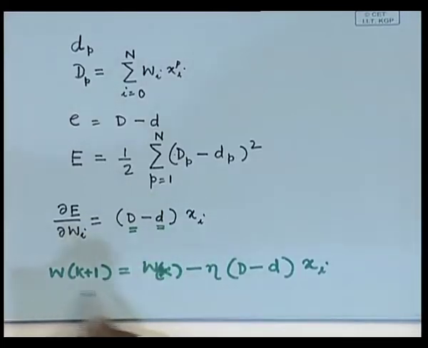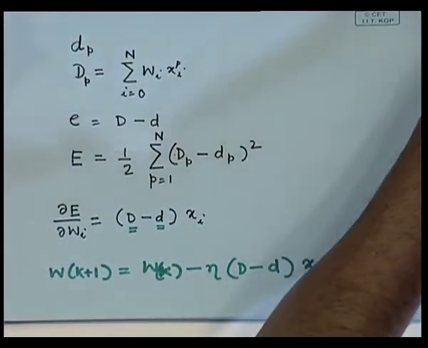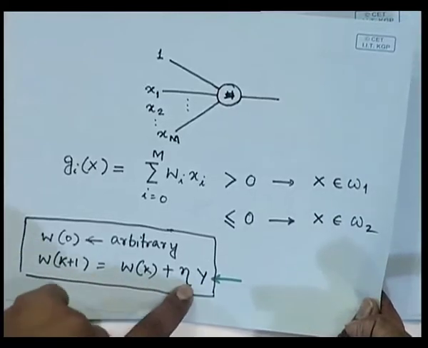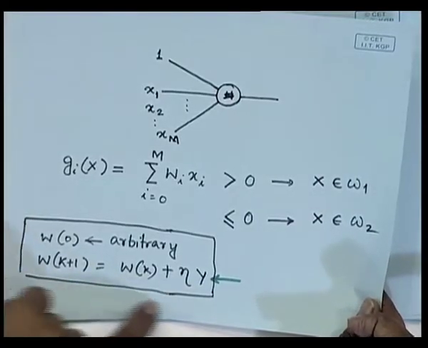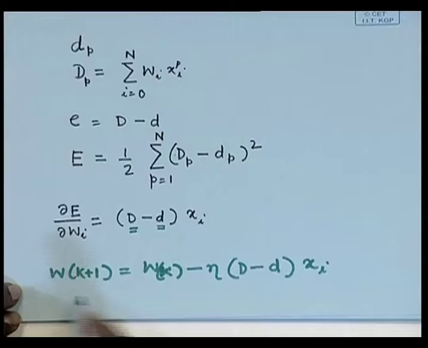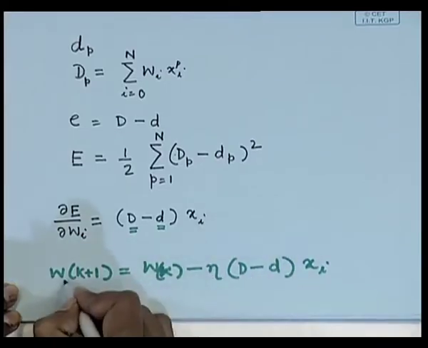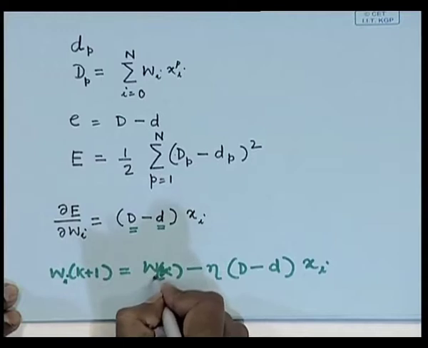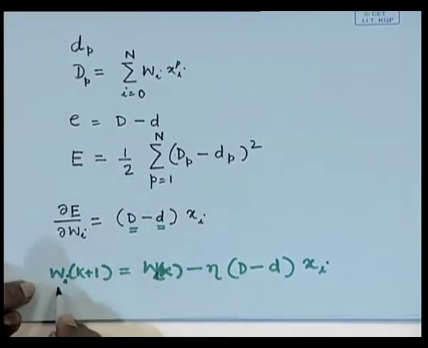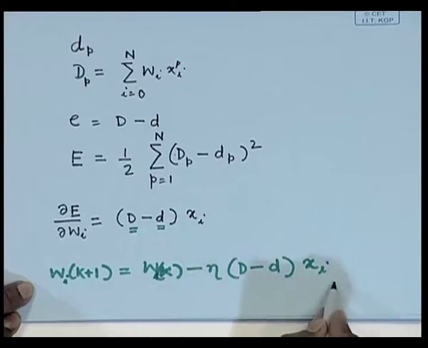The weight updation rule here, unlike in the perceptron criteria, is w k plus 1 equal to w k minus eta times d. Sorry, this will be the ith component, because I am talking about the ith component of w only: W i k plus 1 is equal to W i k minus eta (d minus D) into x i, where x i is the ith component.